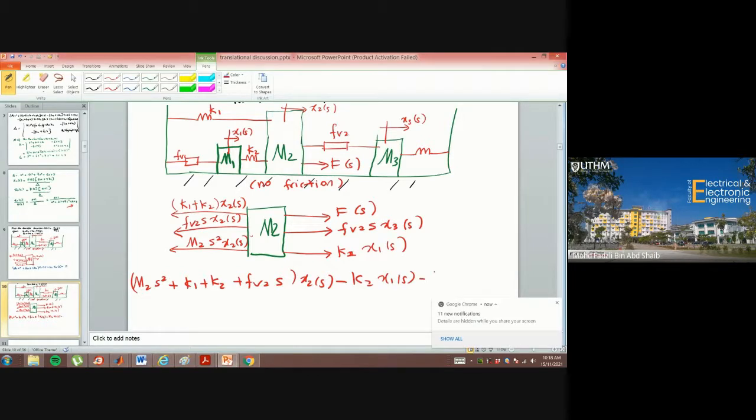Minus FV2 s X3(s) equals Fs. Okay. This is the equation for mass M2.